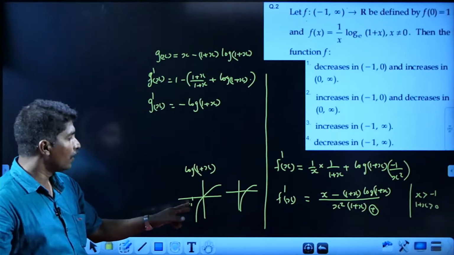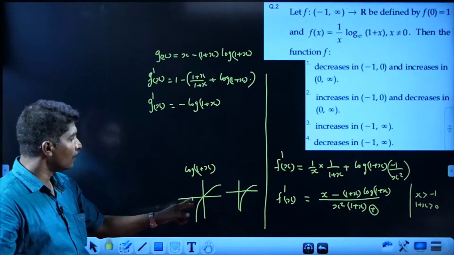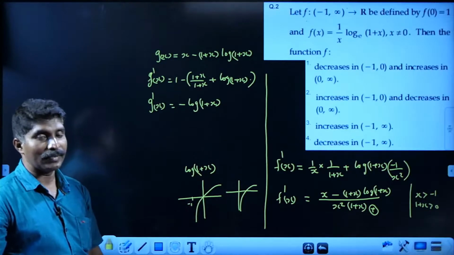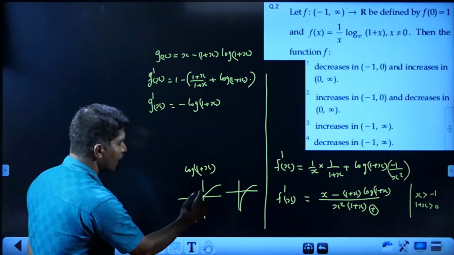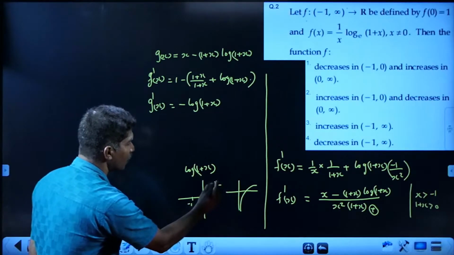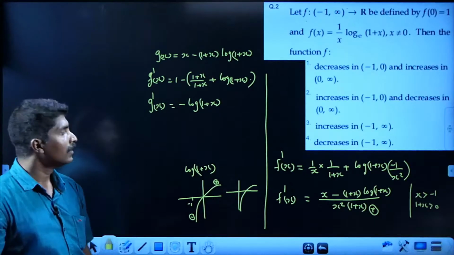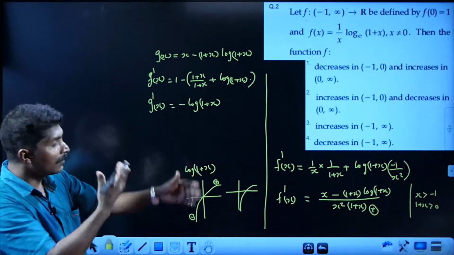Okay. Now, here we can see that from negative 1 to 0, this is negative. And 0 to infinity, this is positive. Okay. So, multiplying by negative, its reverse comes.